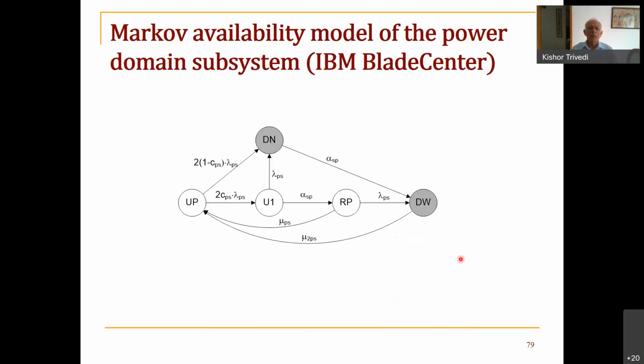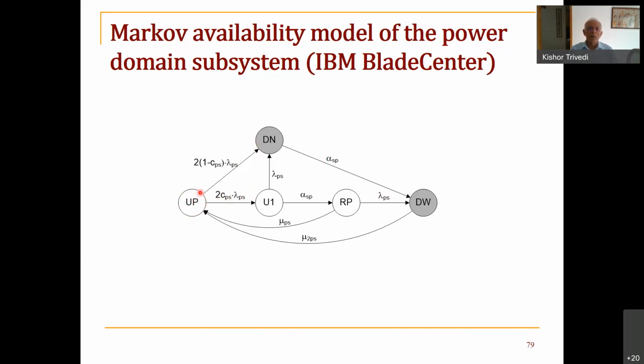Similarly, another example is the power domain subsystem model of IBM BladeCenter, in which, again, two power supplies are up and running, and one of the two power supplies fails at the rate 2 times lambda PS. But I asked them, is it possible that one power supply failing can bring the system down? And after some discussion, they said yes. So that is called imperfect coverage.